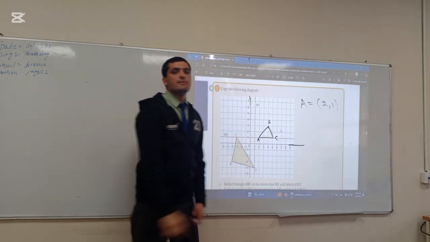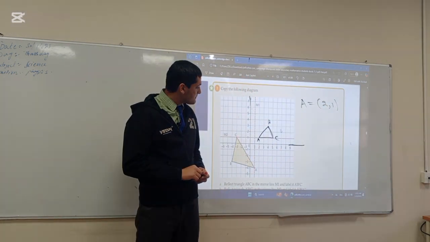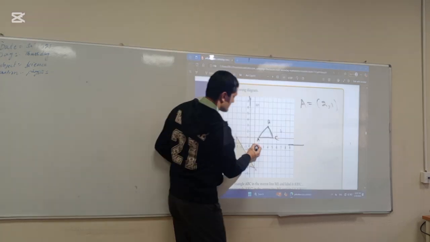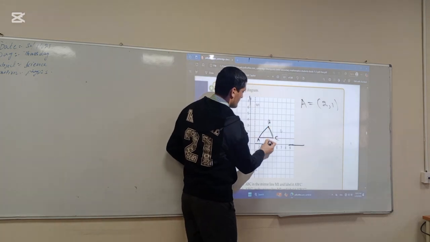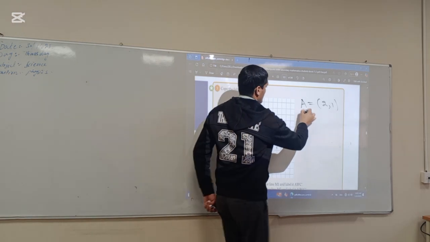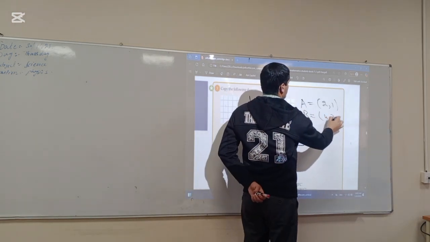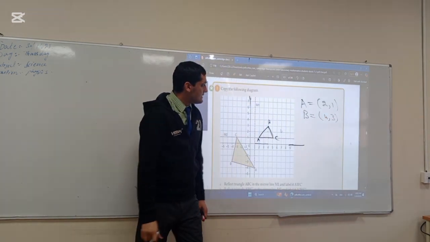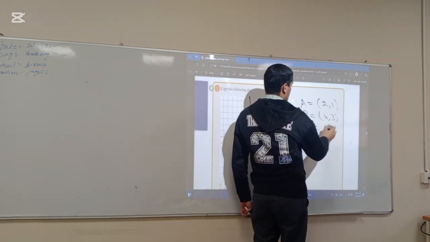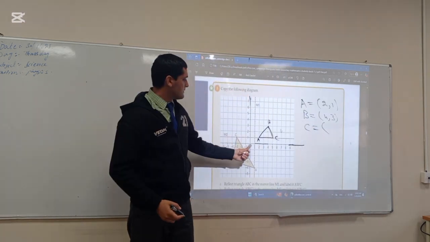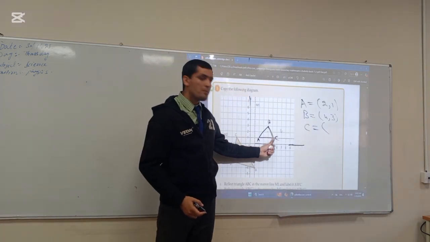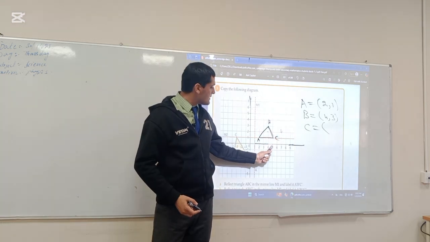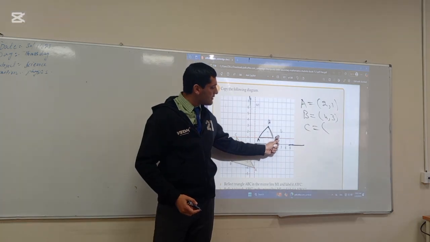Can anyone please tell me the coordinates of B? It's 4 and then 3. 1, 2, 3. Yeah. And the C one, 5 and 1. This one is 5. 6 is this one. It is here.